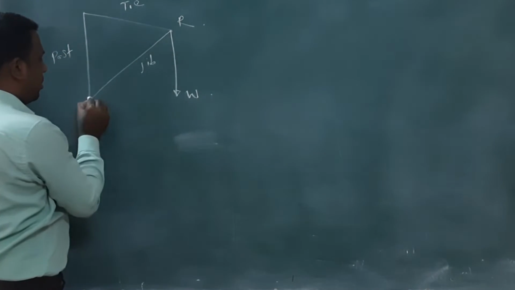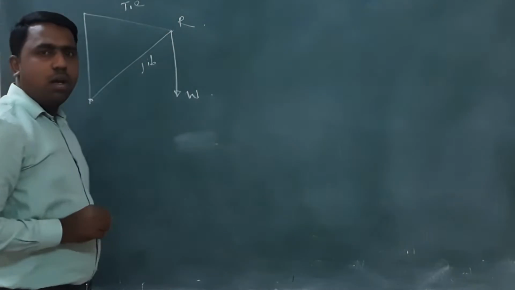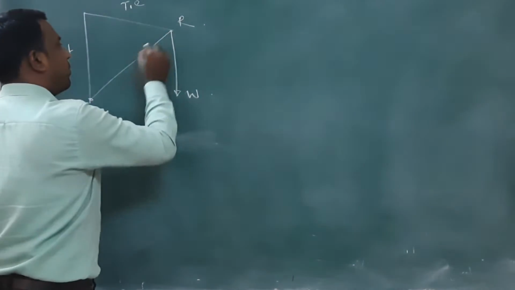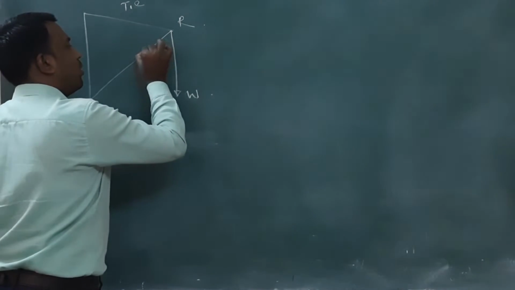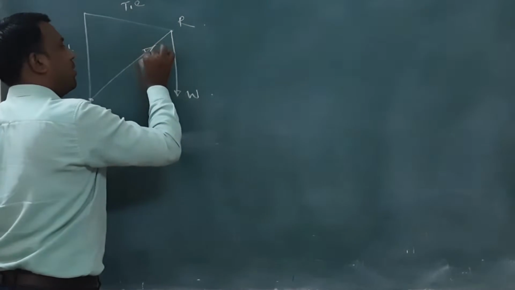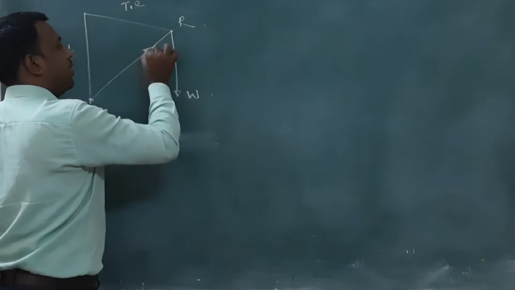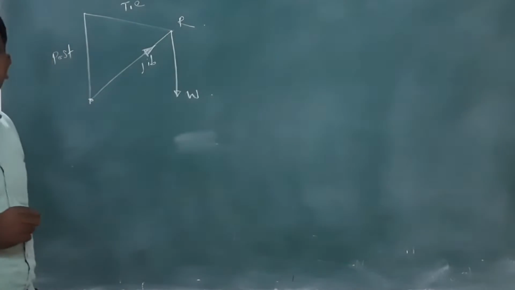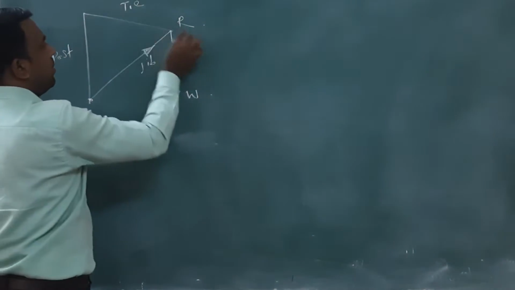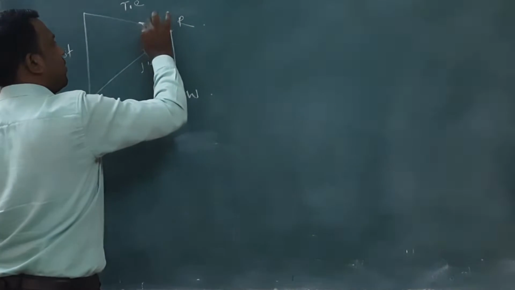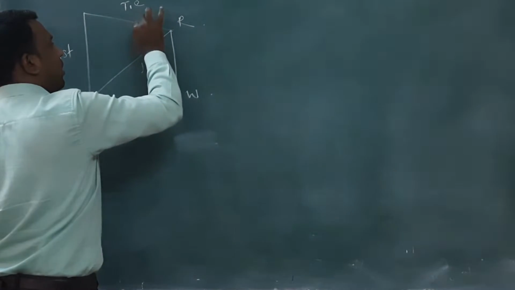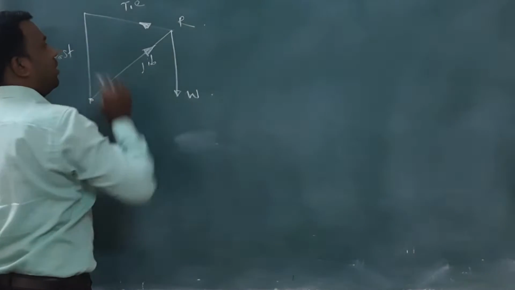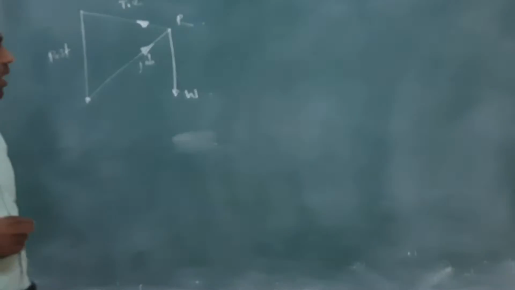The jib is in compression, so it gives a reaction in this direction. The tie is in tension, so it gives a reaction in the opposite direction to the tensile force. This is the reaction given by the tie.